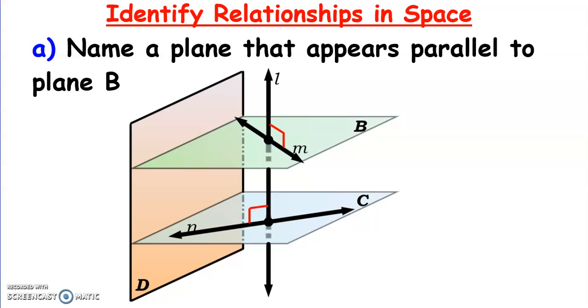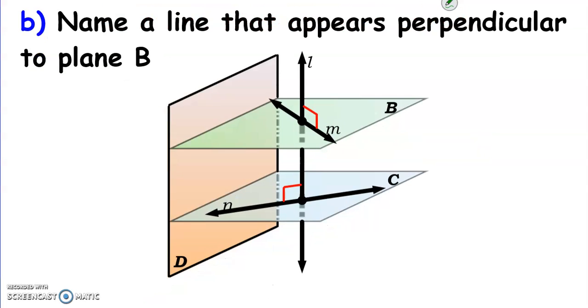Name a plane that appears parallel to plane B. Well, plane B is up here, and then plane C is parallel because they are never going to intersect. One is on top of the other. Name a line that appears perpendicular to plane B. If you look at the green plane B, you can see here that this 90-degree angle is marked.